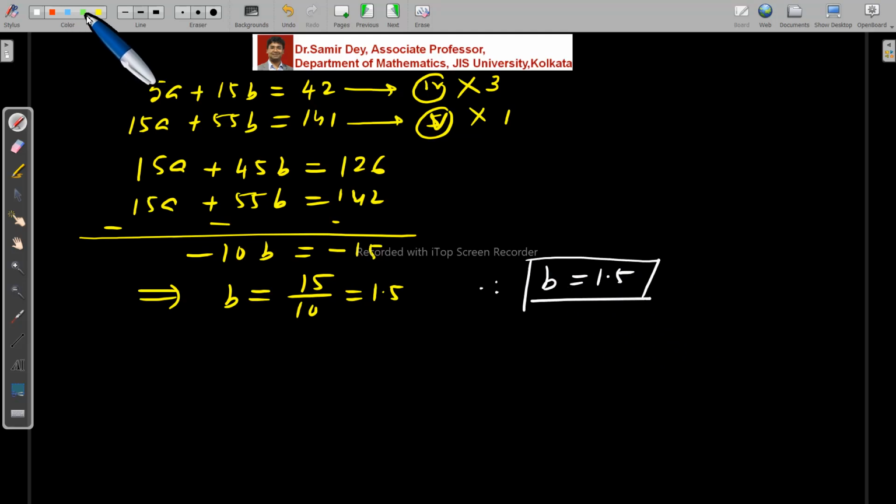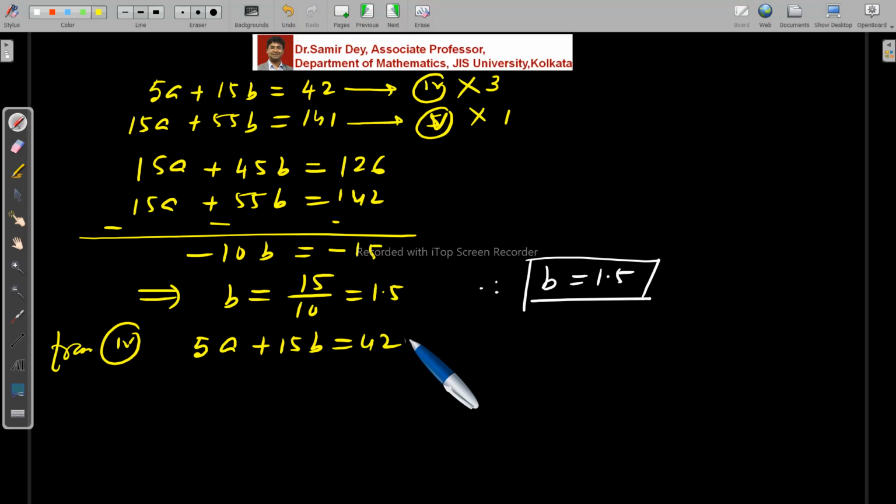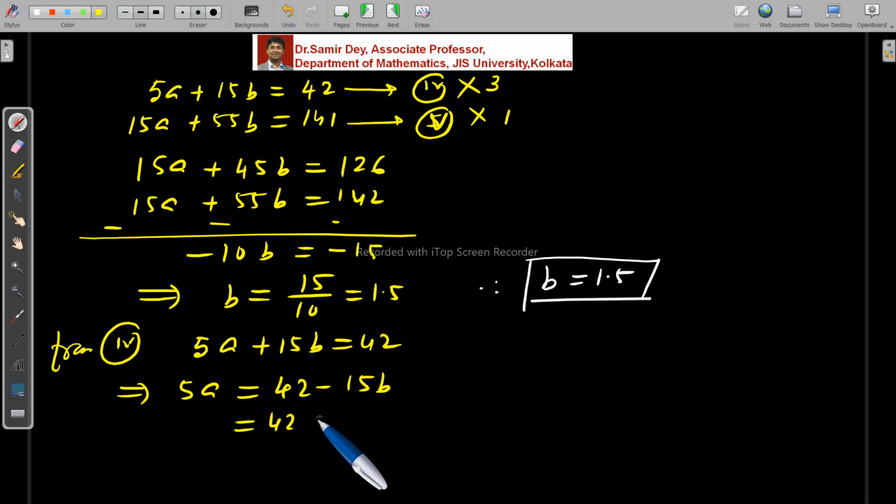Now substitute the value of b in equation number 4. Please write down from 4: 5a + 15b = 42. So from here you may write 5a = 42 minus 15b. That means 42 minus 15 into 1.5.